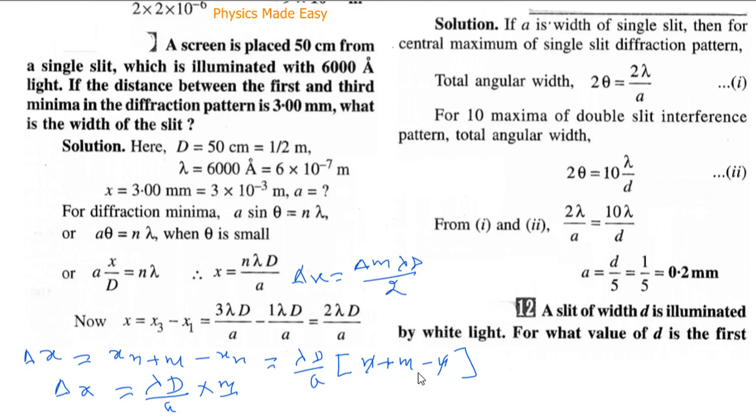In this case, it was first order and third order. Had it been first order and fifth order, 5 minus 1 means 4. Delta m is equal to 4. Had it been sixth order and first order, then 6 minus 1, delta m is equal to 5. In this way, you can make use of this shortcut.